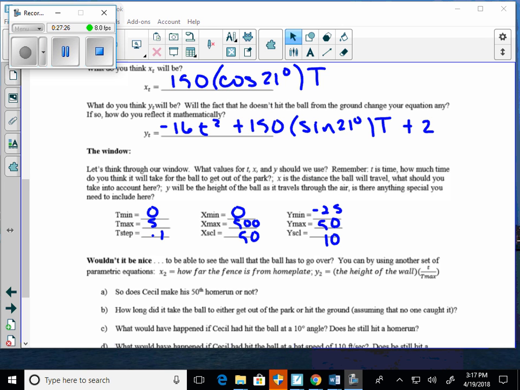And hit graph. Okay. Is that pretty cool? Yes. That's crazy. Okay, so next. On the back, turn it over.